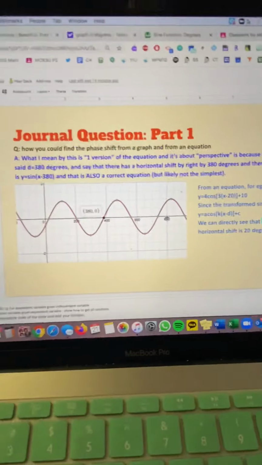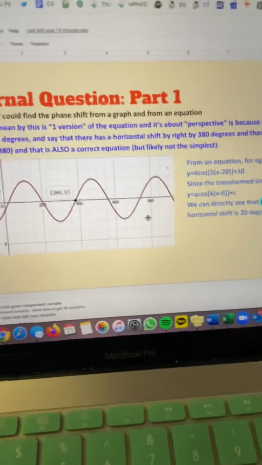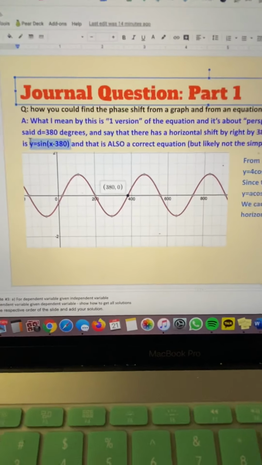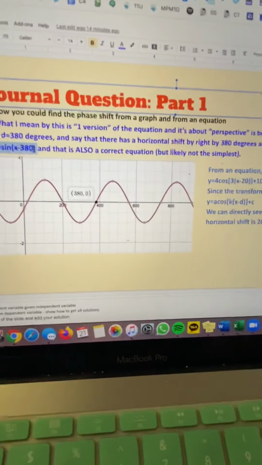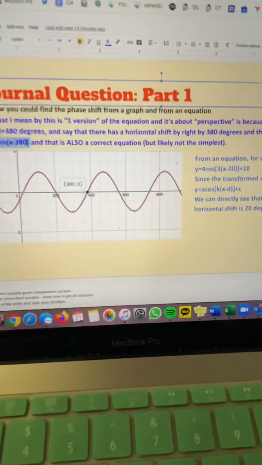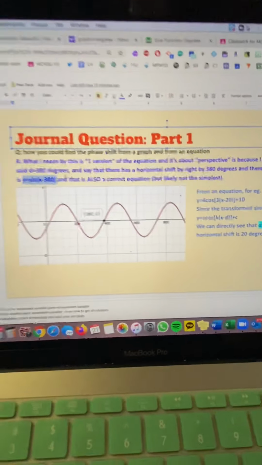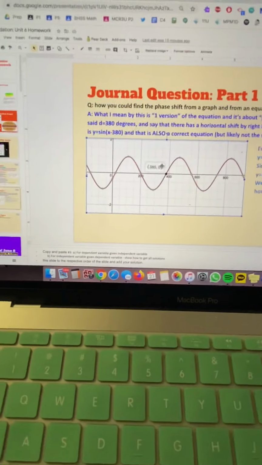So that is still valid. And so you would say that the phase shift is instead 380, and you would write down your equation. The two equations are different because the phase shifts are different, but the A and the K and the C values are all the same. And so both these equations would be acceptable ones for this graph.